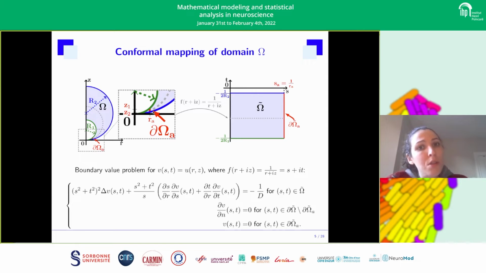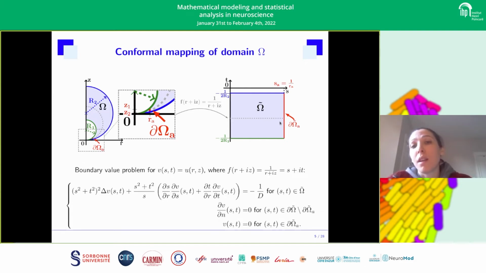So if you imagine all the circles here, you can probably understand that the mean first passage time to reach the red ribbon would be the same everywhere on those circles, depending on how far you are from the circle. So this idea motivated the use of the conformal mapping method, where we transform all those circles into lines.